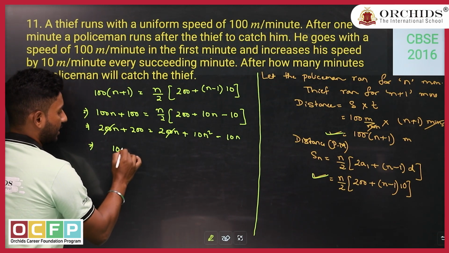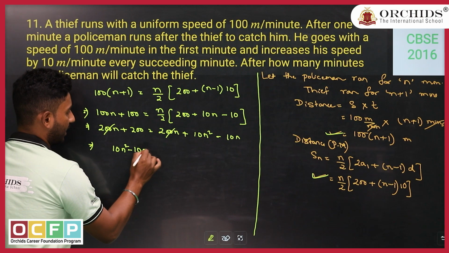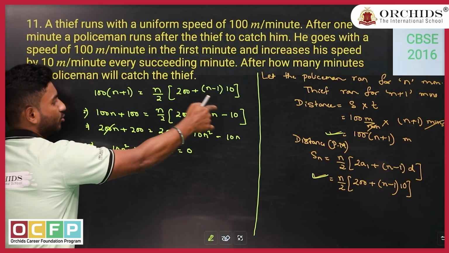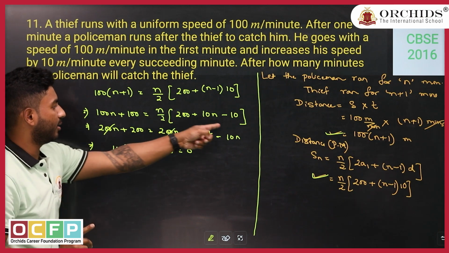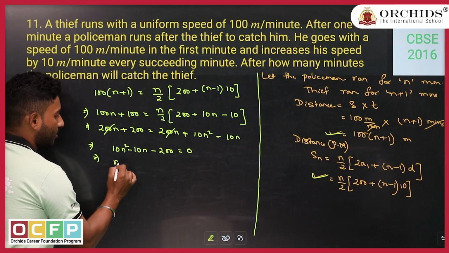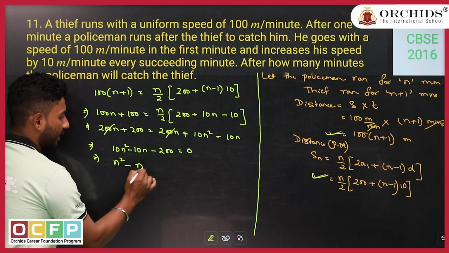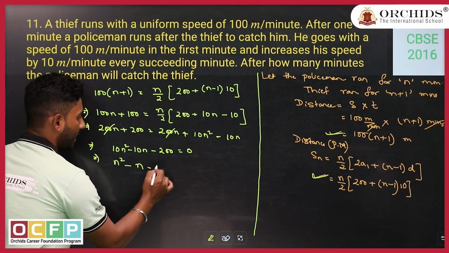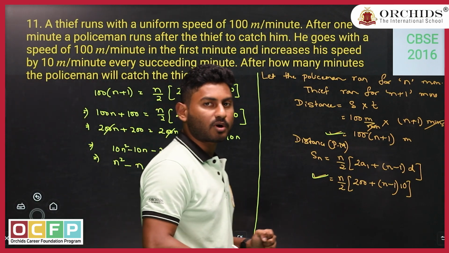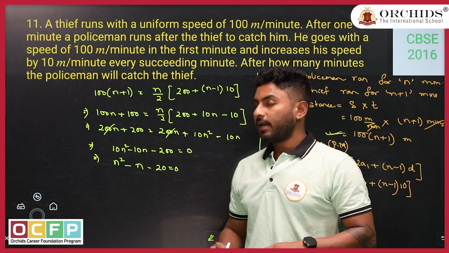So 10n square minus 10n minus 200 will be equal to 0. Bringing 200 to the other side, plus 200 becomes minus 200. Fine. So let us take 10 common. We have n square minus n minus 20 equal to 0. So we have a quadratic equation here.